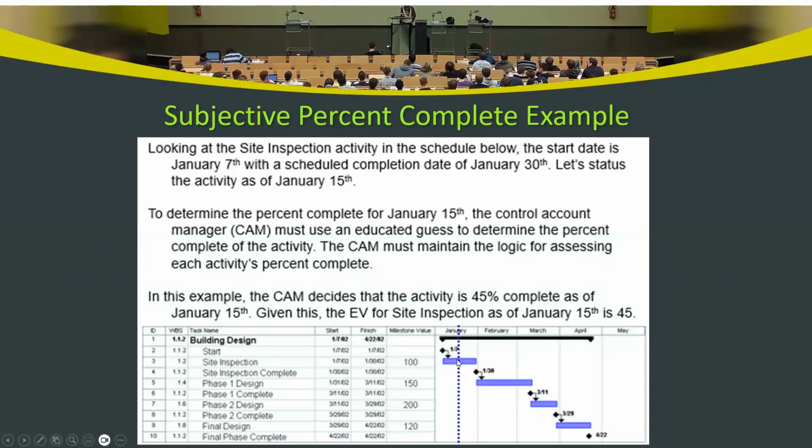So 45% of 100 is 45. The earned value as of January 15th is 45.